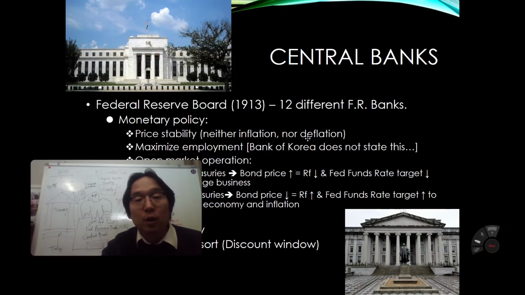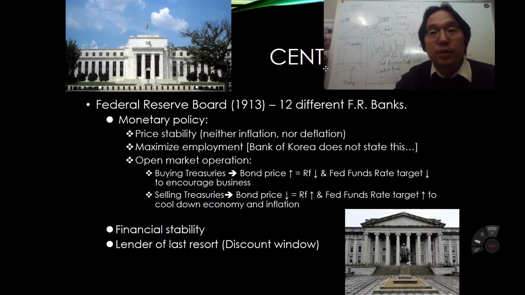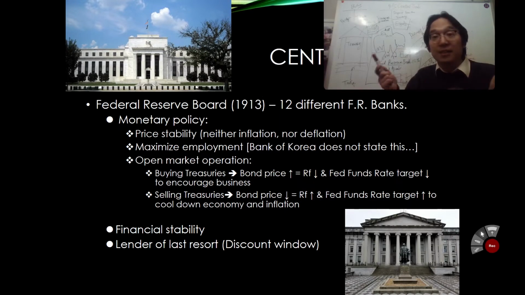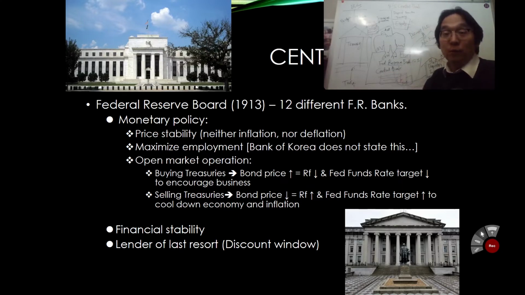Now, the central bank, the Federal Reserve Board, was born in 1913. It took about five to six years after J.P. Morgan's influence, like a Lord of the Rings kind of situation. You want to be the Lord of the Ring? He once was. But the Federal Reserve, 1913: 12 different Federal Reserve banks were created.